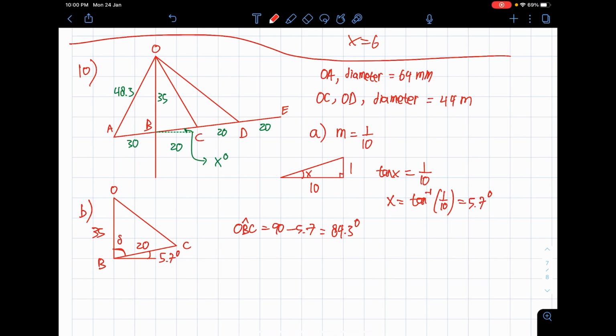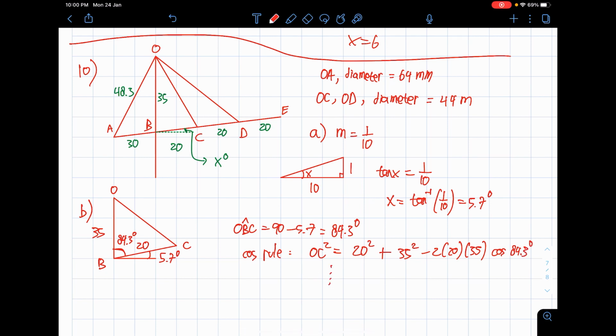Okay, that is the angle here, 84.3 degrees. To find the length of OC, I'm just going to use the cosine rule. OC squared equals BC squared, which is 20 squared, plus OB squared, minus 2 times 20 times 35 times cosine of 84.3.